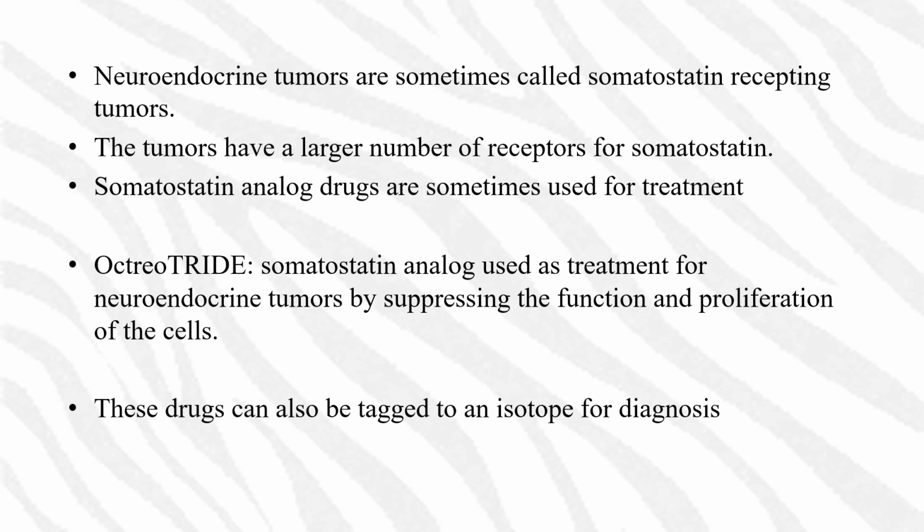We also have an indium-based octreotide, a general nuclear medicine agent that has traditionally been used to image neuroendocrine tumors before these somatostatin agents came along. These drugs can also be tagged to an isotope for diagnosis and staging of neuroendocrine tumors.